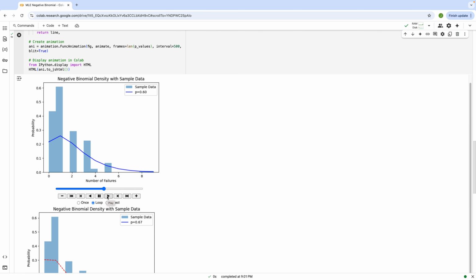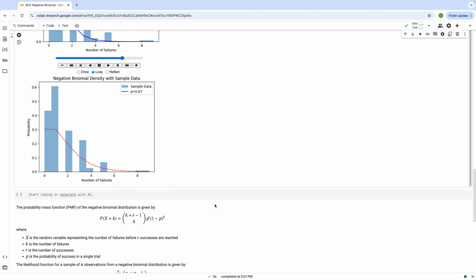Okay, so getting better as it increases, and then not so good. And the last one is the maximum likelihood estimator. So the goal is to find the parameter that is the most consistent. And it happens to be this red one here. That is the most consistent. So that's the maximum likelihood estimator in a graph.